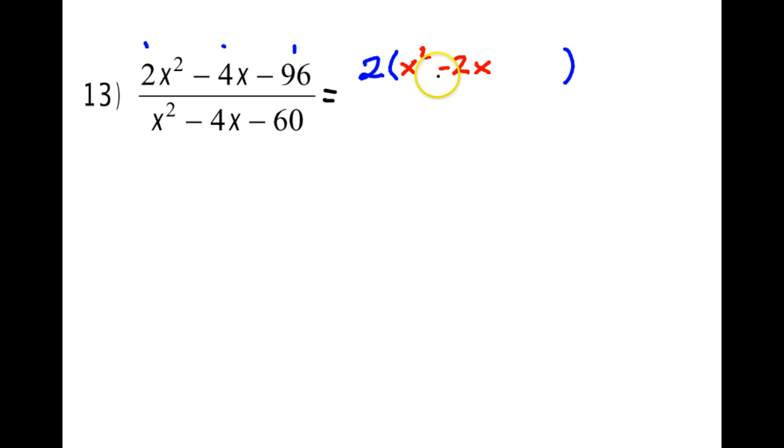How many times does 2 go into 96? 48. There's a 1 here, so we just need to find what 2 numbers multiply to negative 60 and add to negative 4.